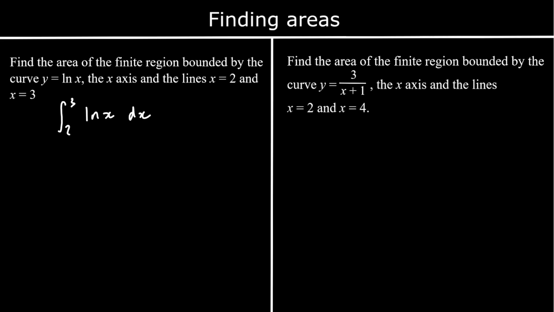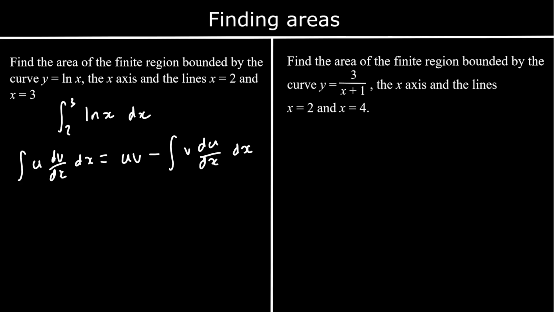The only way we can integrate log is using integration by parts. So when we're doing integration by parts, the integral of u dv/dx with respect to x is equal to uv minus the integral of v du/dx with respect to x.